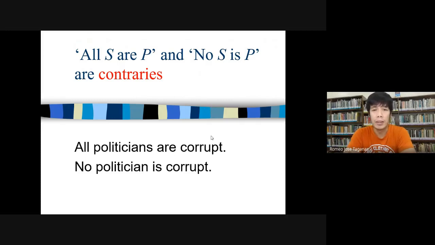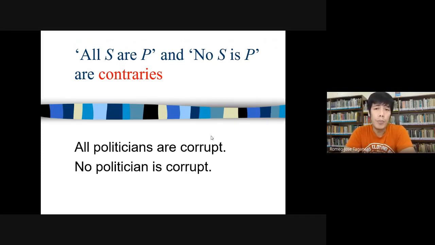Now, what about the next example? No politician is corrupt. Okay, sabi natin kanina, there's another way of writing that. What's the other way of writing it? All politicians are not corrupt. So, easily you can spot the word no, kaya ang quality ng proposition nito ay negative. Ngayon, ano naman ang quantity? Is it universal or particular? Okay, it is universal.